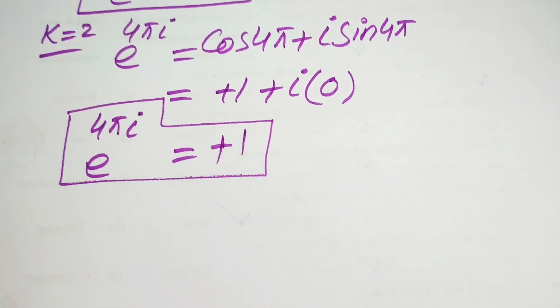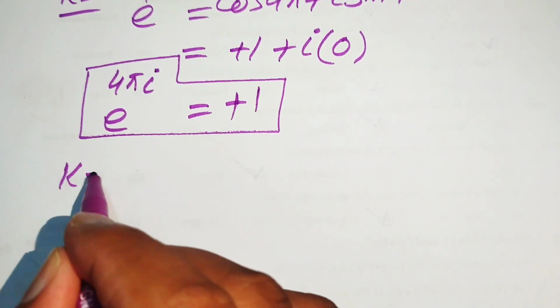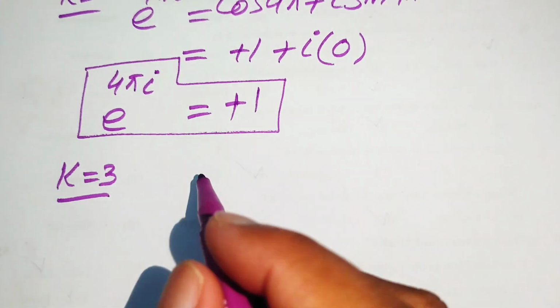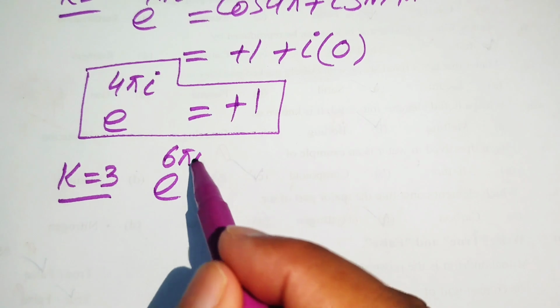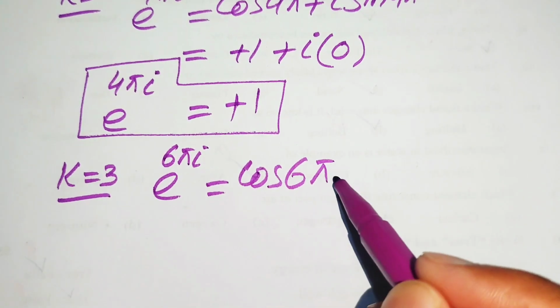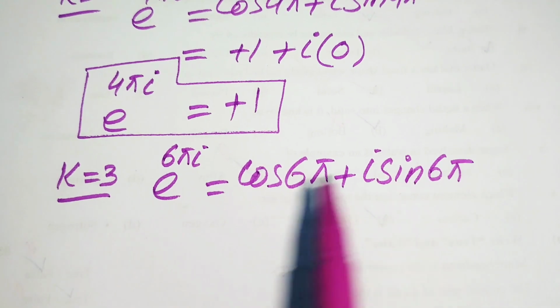And now we check the behavior of the above Euler's identity for k equals 3. So when you take k equals 3, our above equation is written as e to the power of 6 pi iota is equal to cos of 6 pi plus iota sine of 6 pi.